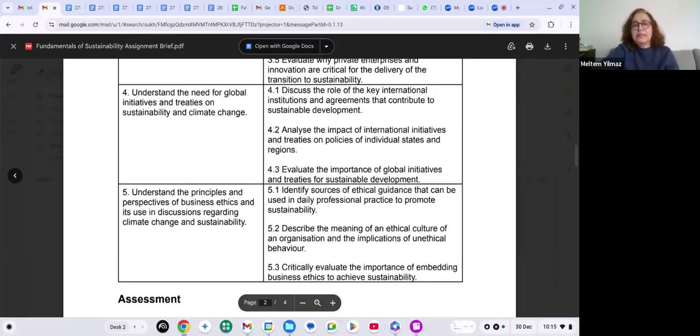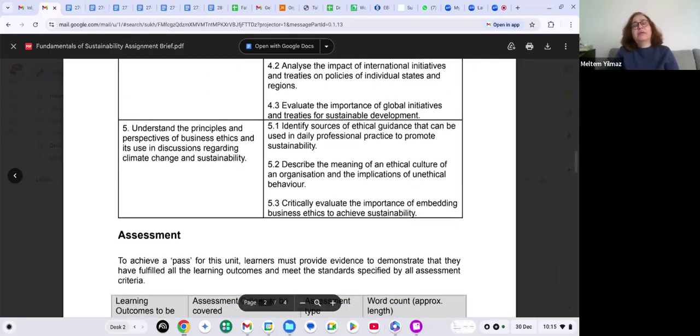So this was the summary of what we already studied together in the unit on sustainable management and the development of sustainable strategies.